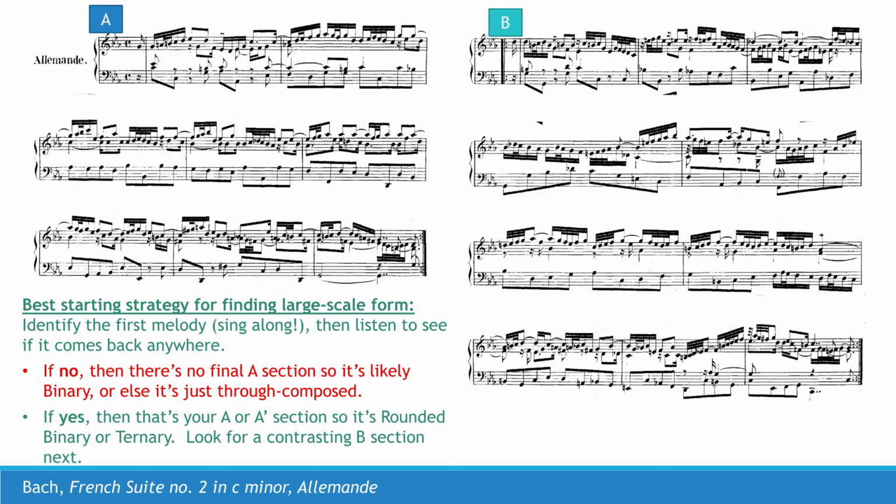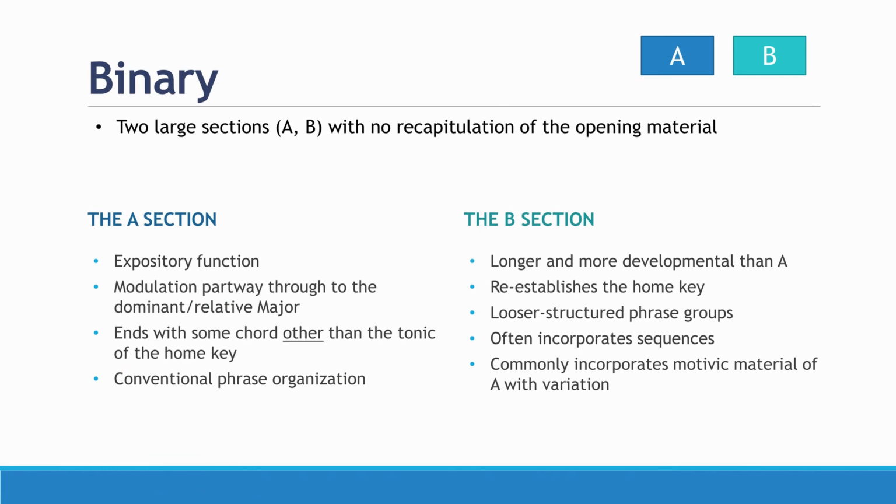Well, taking a look at it, the contour is actually quite different. Our A was an ascending melody to start, whereas our B is much more of a changing direction, noodling around kind of melody. Let's now look at our properties for A's and B's and see if this is internally consistent with that. Just to remind you, here's what we expect for binary sections. Two large sections with no recap.